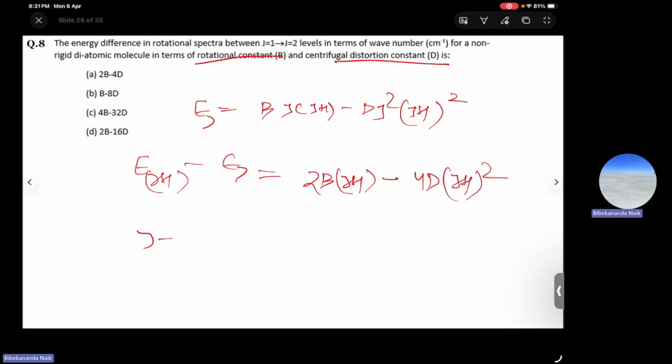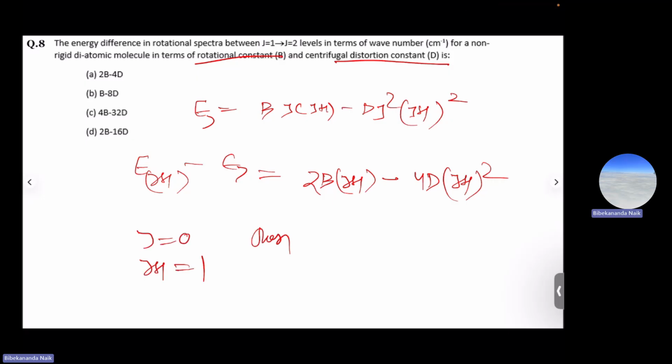So when J is 0, J plus 1 is 1, then what will be? It will be 2B(0+1) minus 4D(0+1) squared.